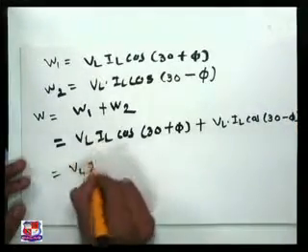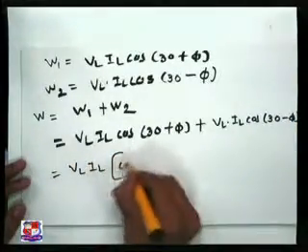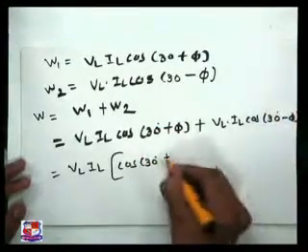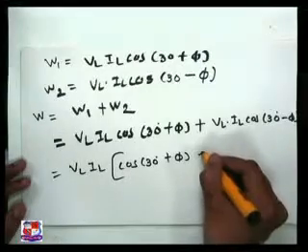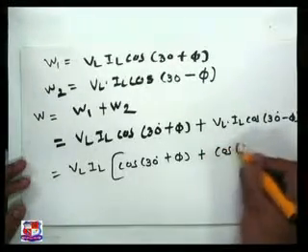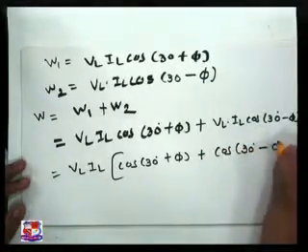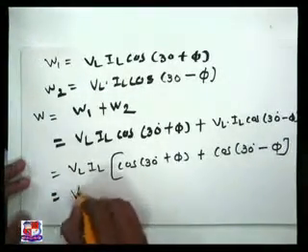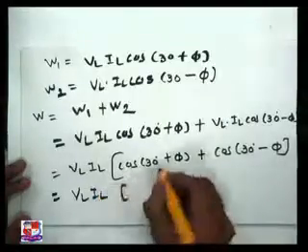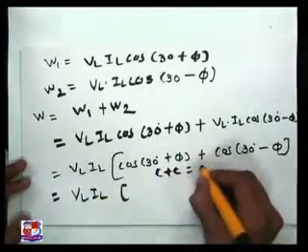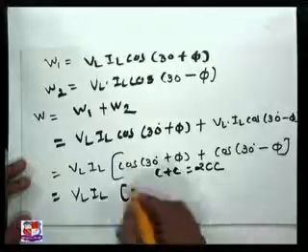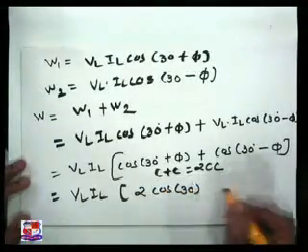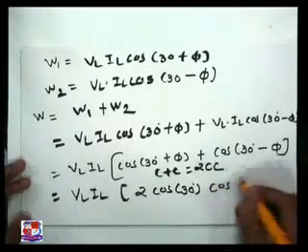In this, VL and IL are common, so cos(30 + φ) plus cos(30 − φ). So cos C plus cos D in mathematics you can call as 2 cos C cos D. So first cos 30 into cos φ.